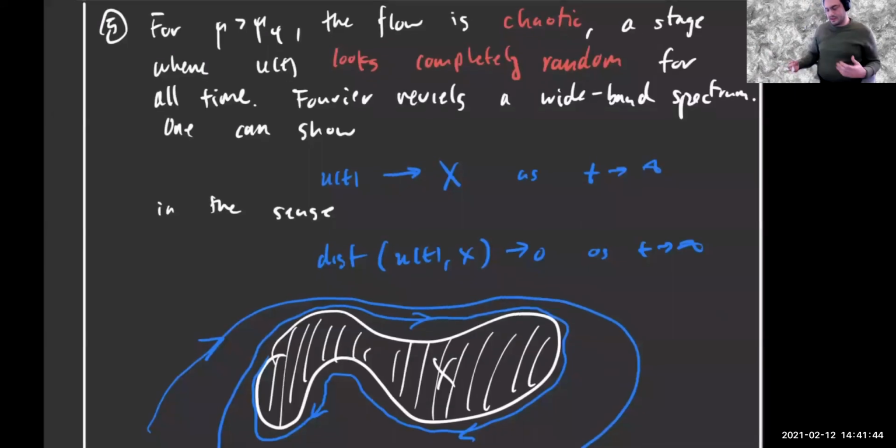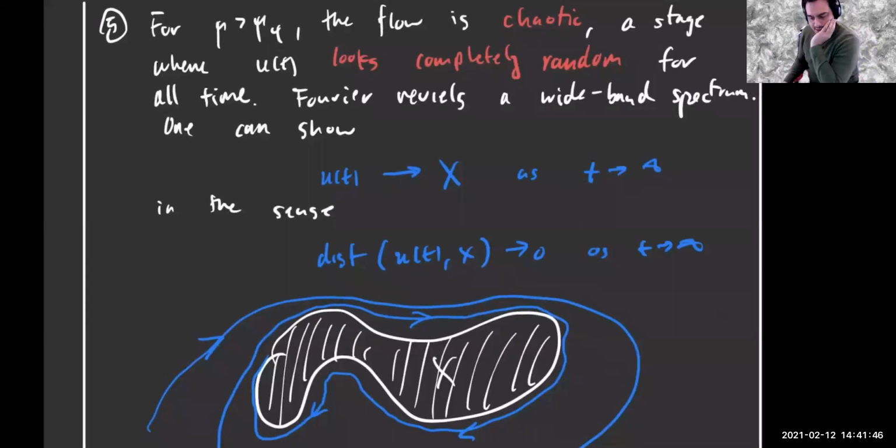And now the final stage that I'd like to discuss is when the flow is really chaotic and it looks in some sense really high dimensional and in some sense completely random.